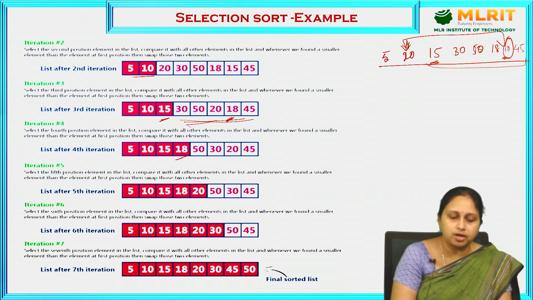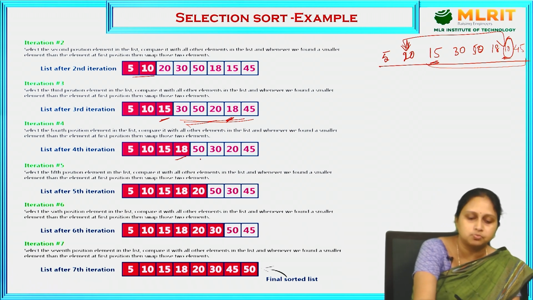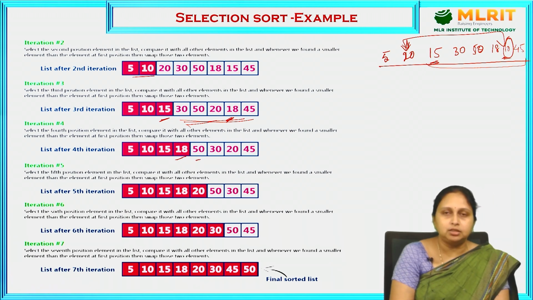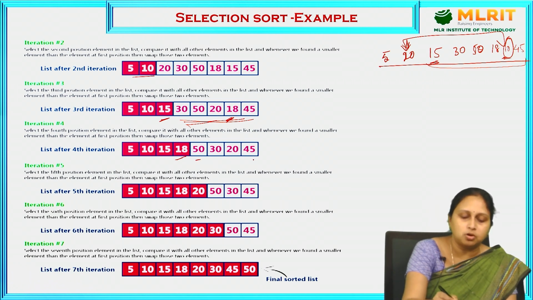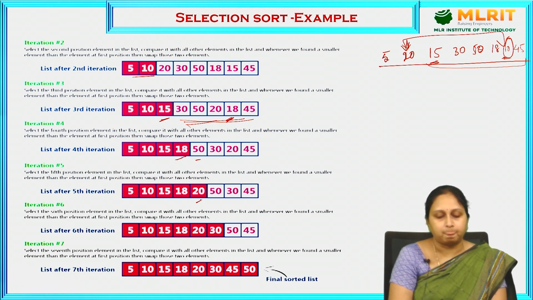And the next position is where you have 50, which is going to be filled with the smallest element. Among these, the smallest element is 20, so you get 20 here. Okay.